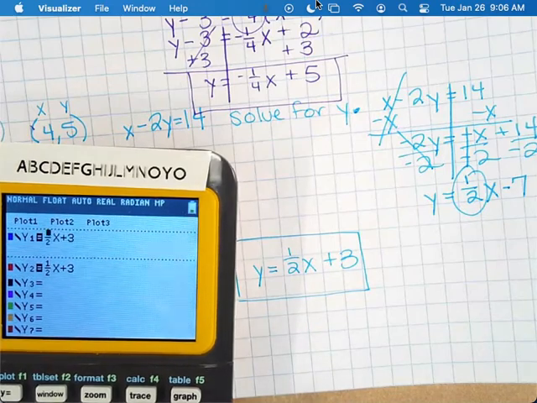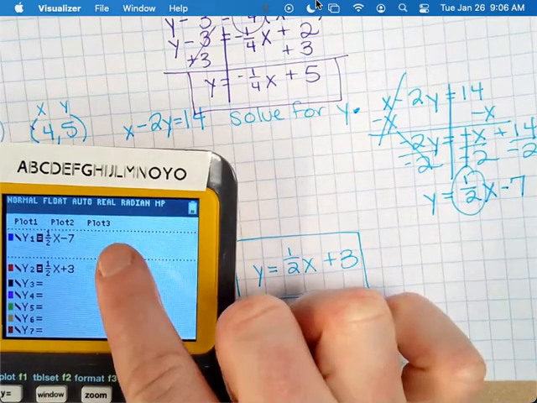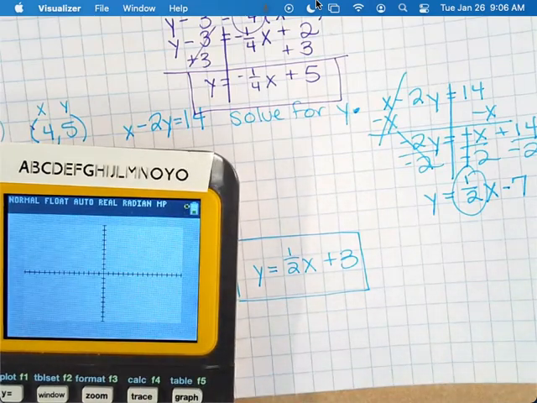I messed up on that first one, didn't I? Should have done minus 7. There we go. Because that's my given, so I put that in first, and then I do the one that we just created. Okay, they look parallel.